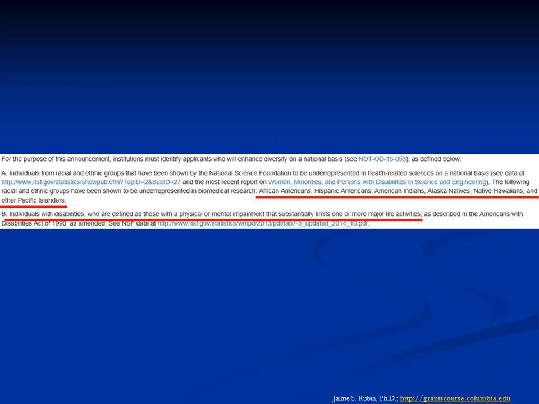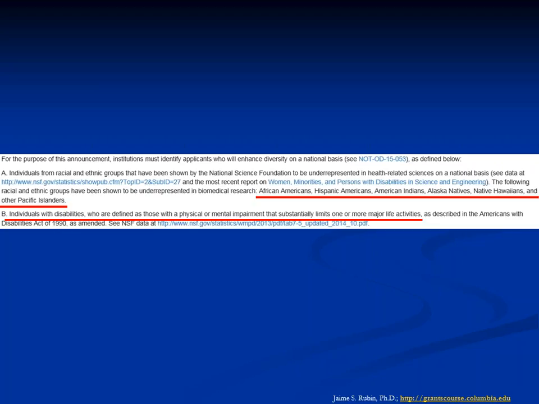Many times you'll see that they refer to the National Science Foundation, which is a completely different agency, but they keep these demographic records. And the second category, that was category A, and the second category is individuals with disabilities who are defined as those with physical or mental impairment that substantially limit one or more major life activities.